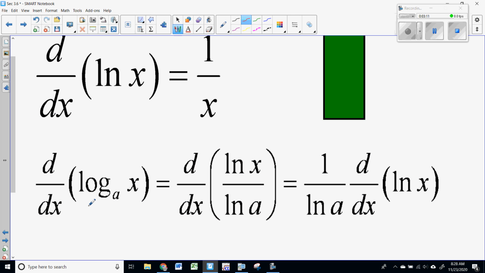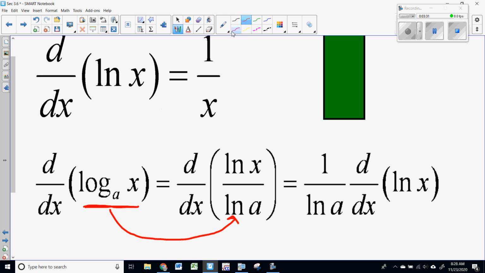And so we can rewrite log base a of x as the natural log of x divided by the natural log of a. Now, we don't really use this change of base formula much anymore because our calculators can now just evaluate log base a of x. But in this case, we need to do it.